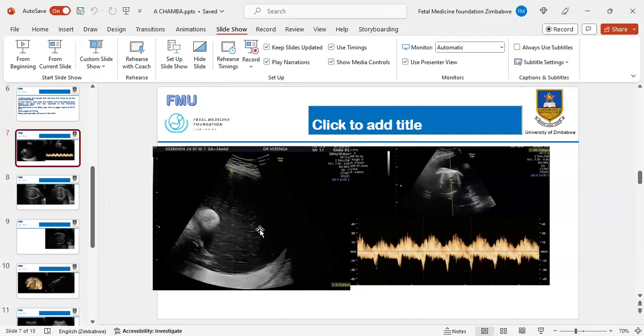And I guess we all know that when you have this kind of deepest pool, that is moderate polyhydramnios, right? So normally the baby will be having some fetal abnormalities in this case, unlike the mild polyhydramnios.